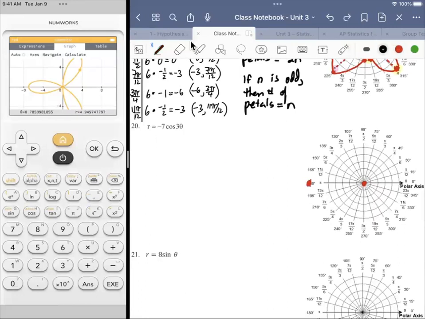A little thinner. So if I say, all right, I suspect it's in the neighborhood of, I'll say 5 pi over 12. No, I'm going to go pi over 3. So -7 times cosine of pi, right?